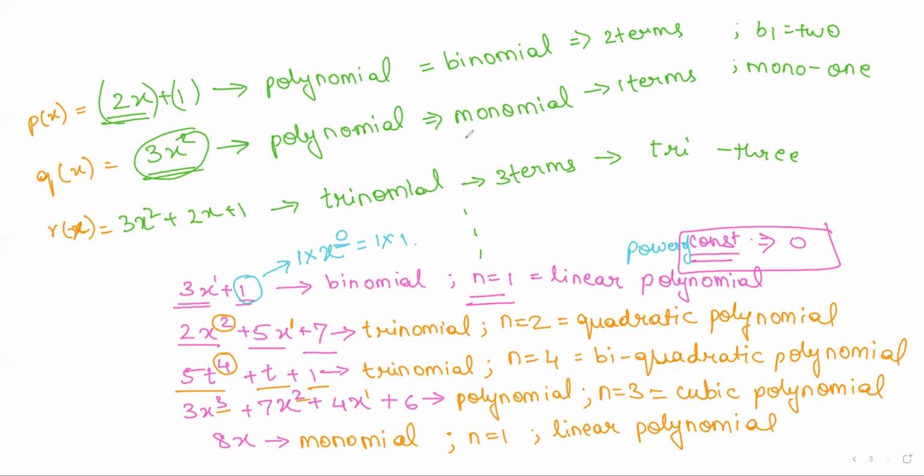Now, these powers of n, which helped you to name polynomials as either linear, power 1, quadratic, power 2, cubic, power 3, or biquadratic, power 4, are called the degrees of that particular polynomial. So, the degree of a linear polynomial is 1, quadratic polynomial is 2, biquadratic polynomial is 4, and cubic polynomial is 3.